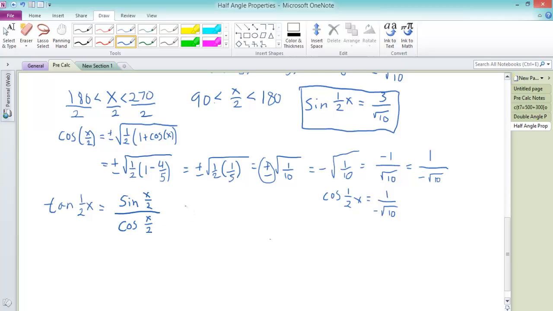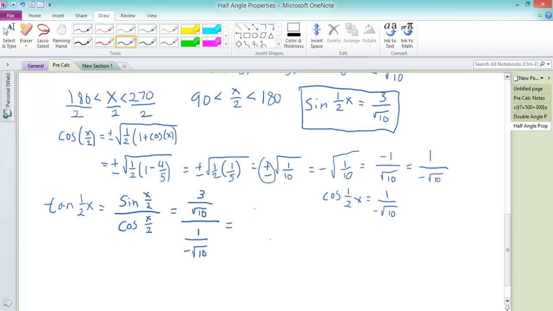And being I did so much work to find what those two values were, I'm just going to divide them to get what the tangent is. So the sine of x over 2 was 3 over root 10 positive, and the cosine of x over 2 was 1 over negative root 10.